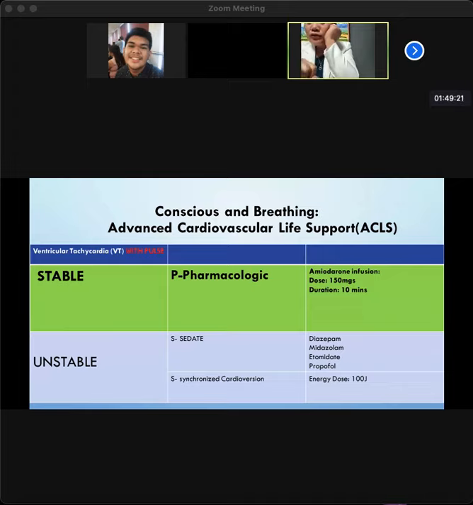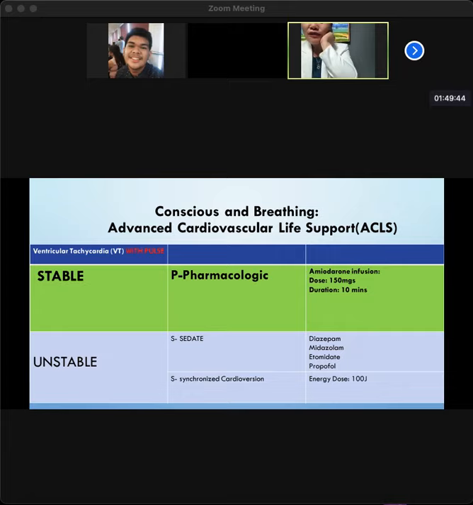The patient is conscious, the patient has pulse. Okay, you have to classify first your patient if the patient is stable or unstable. Again, you have to get your BP. Okay, if the BP is 90/60 and above, then give pharmacologic treatment, which is the amiodarone.